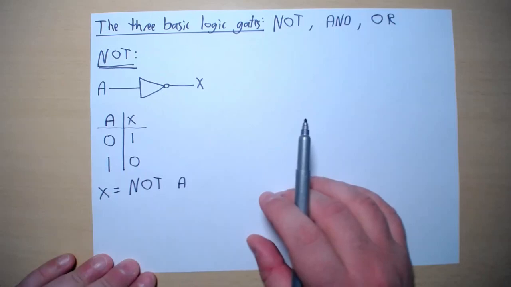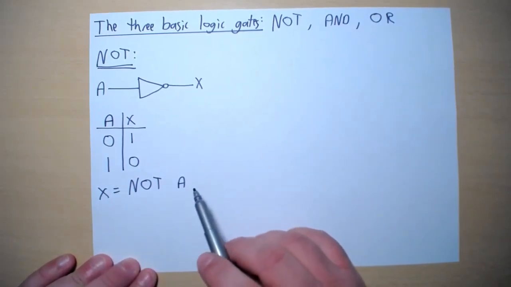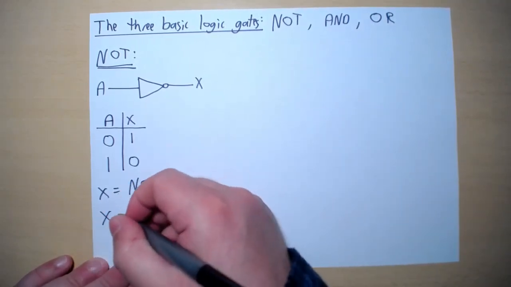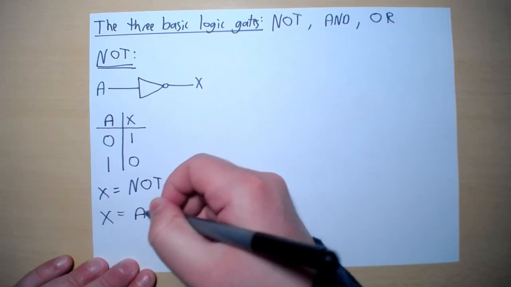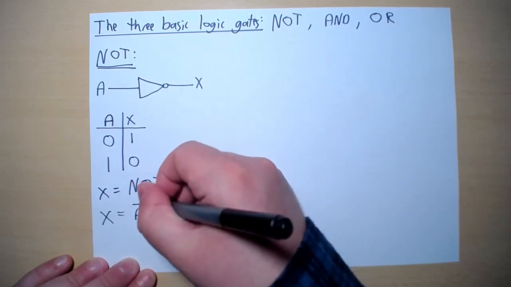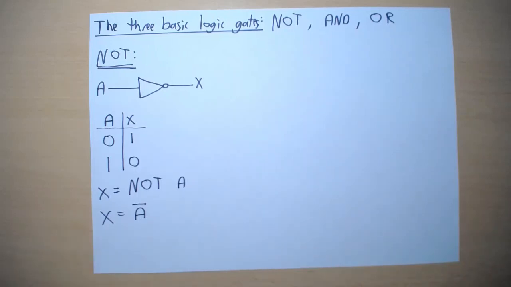So it is better if we use the Boolean algebra symbols, which for the NOT gate is the bar notation. It's a small line on top of the letter. So in that case, we write X equals A, and to indicate that this is NOT A, we write this line on top of it.